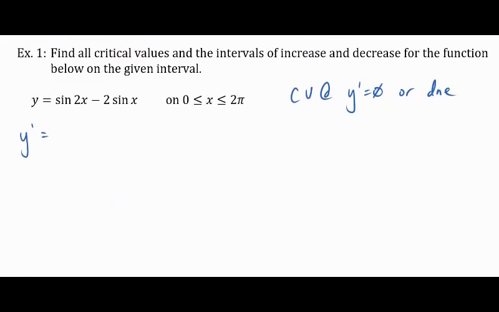So the derivative of the angle 2x is 2. So this is 2 cos 2x. The angle stays the same times the derivative of the angle, minus 2 times the derivative of sine x, which is 2 cos x.